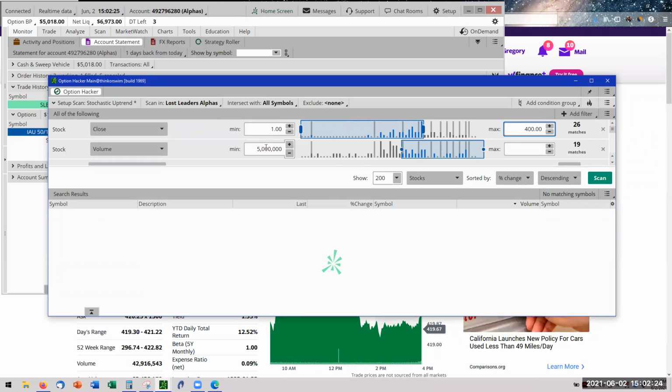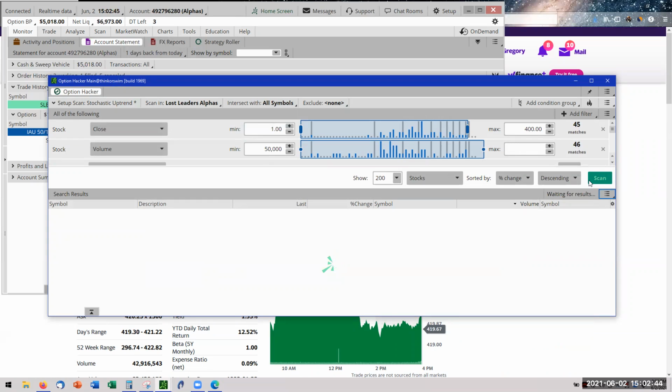So I go to 1. I also have stocks that are less than 2 million in shares. So I go real low on the parameters, and now you see our number dropped up to 45. There are 46 loss leaders in the alpha group, and now we'll run the alpha group for the up condition and see what happens.